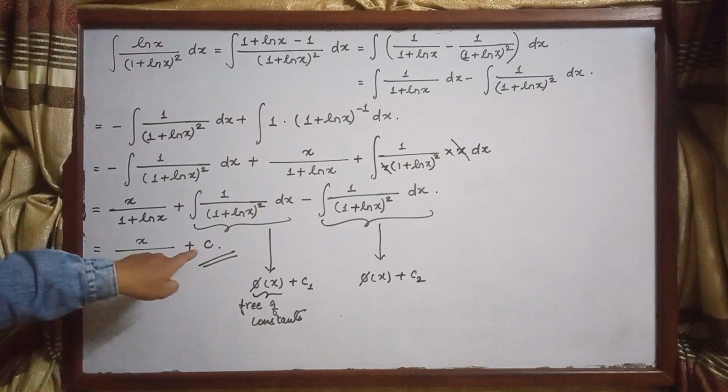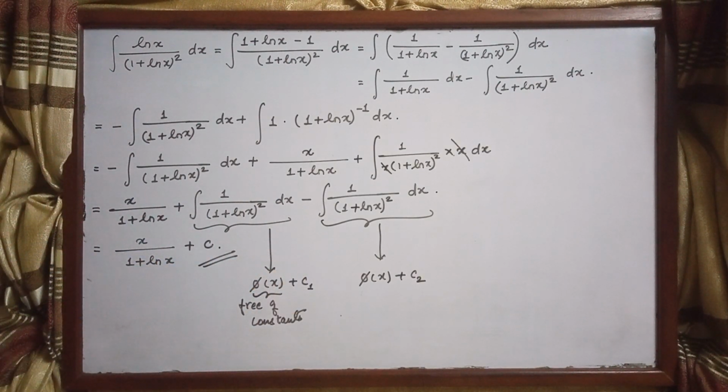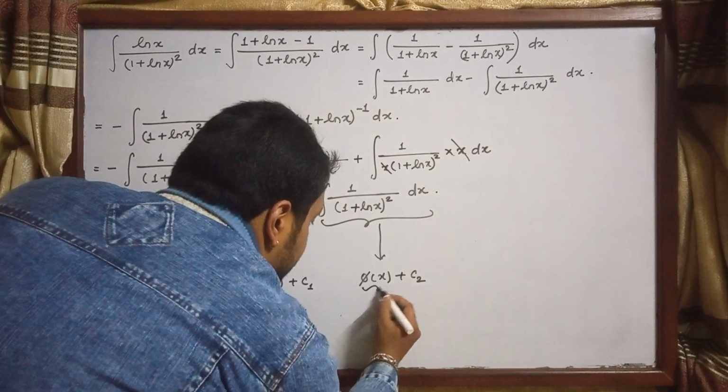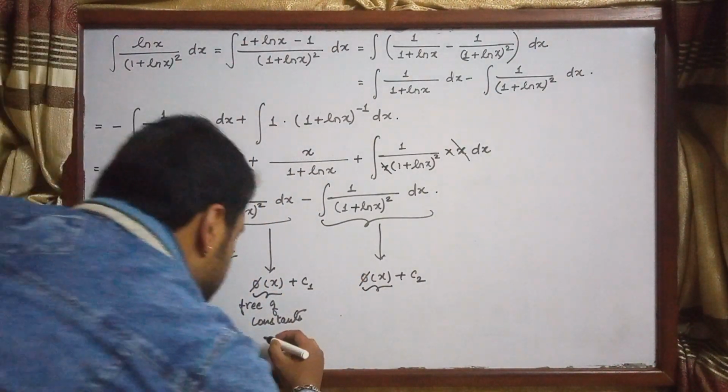If they're equal, c will be 0, we'll get the result to be 0. And we get phi x over here because it's free of constant terms.